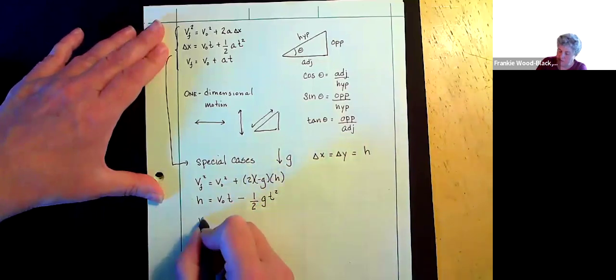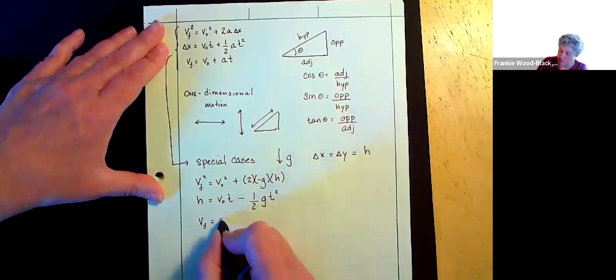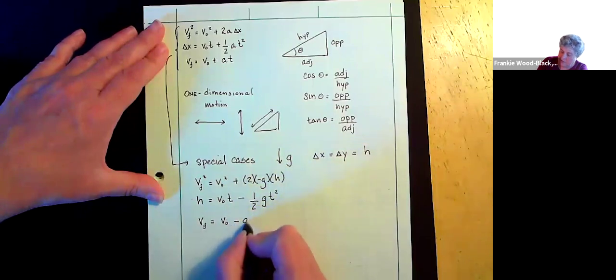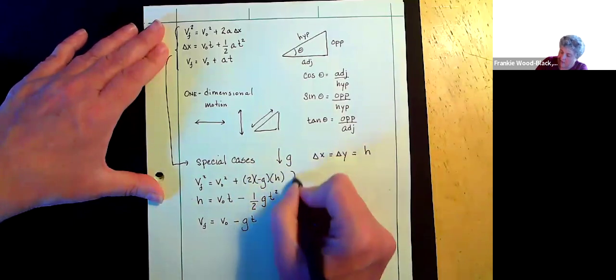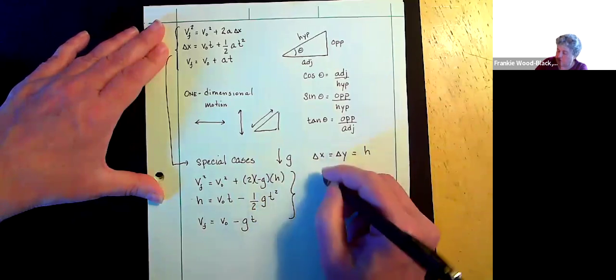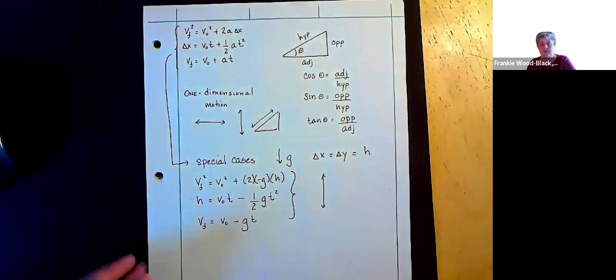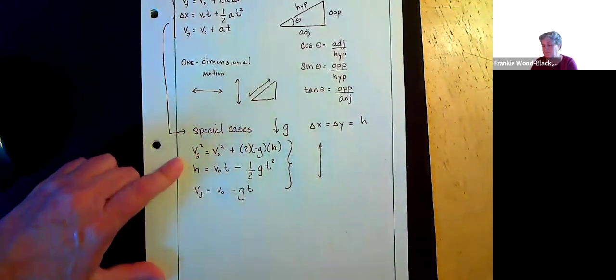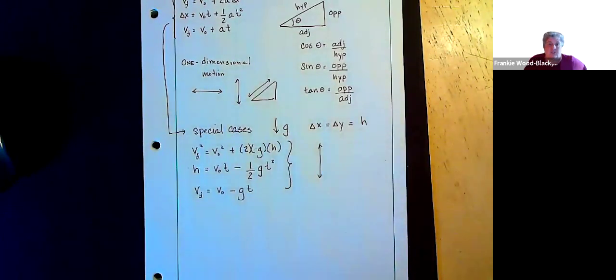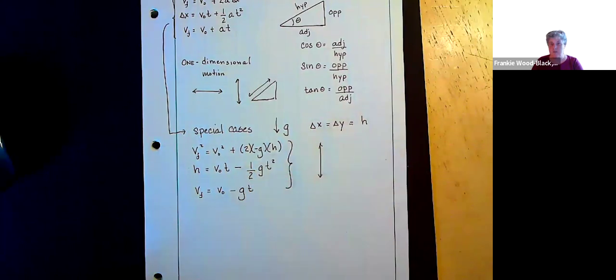And then V final is equal to V initial minus GT. This is in reference to when I'm traveling up and down. I can rewrite those in a variety of different ways, and you can see it in your special cases. So that's your cheat sheet.